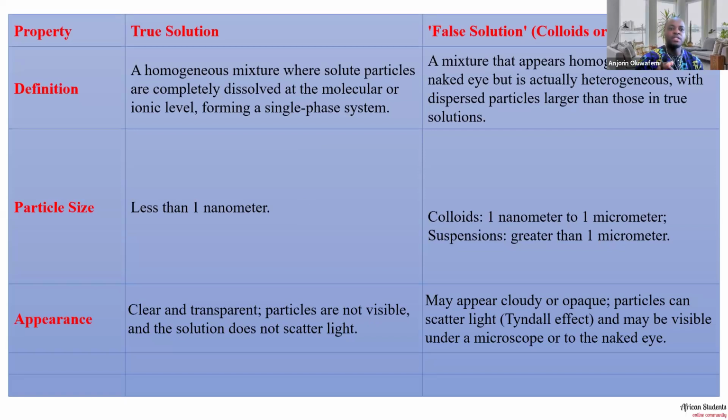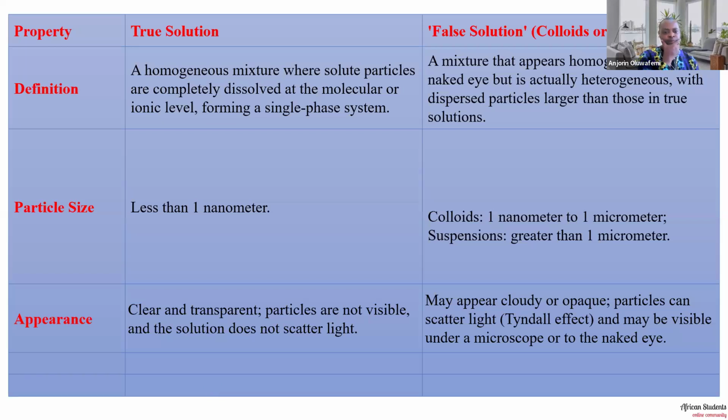Okay, having said that, let's move on to the next one. Now, this is a true solution and then a false solution, for example colloids and suspension. So I want to do what I call a differentiation based on certain properties. Look at the definition. I've talked about this so much, but I'll still talk about it again now.